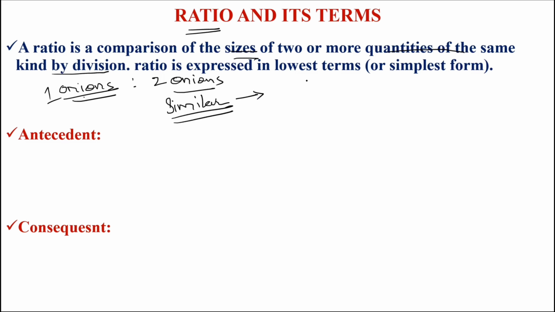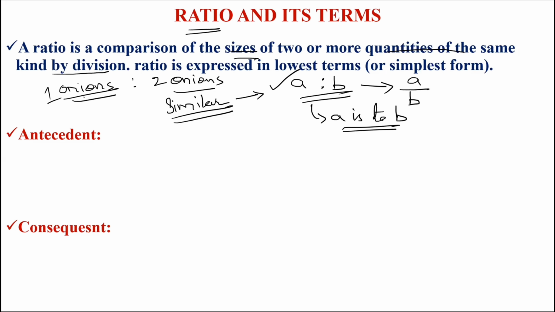For example, let us assume that the salary of one teacher is A and of another faculty is B. So A is to B. This is also written as A by B. This is the representation of a ratio. We call it A is to B, and it is also written as A by B. Ratio means comparison of two similar quantities.